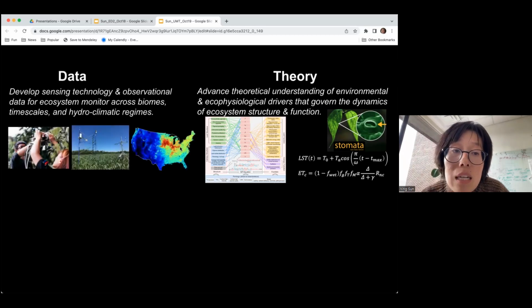Also, we developed a lot of data from the leaf level to the canopy level and to regional and global scales. If you are interested, we have more than 100 measurements of A-Ci curves, concurrent with PAM measurements for fluorescence.